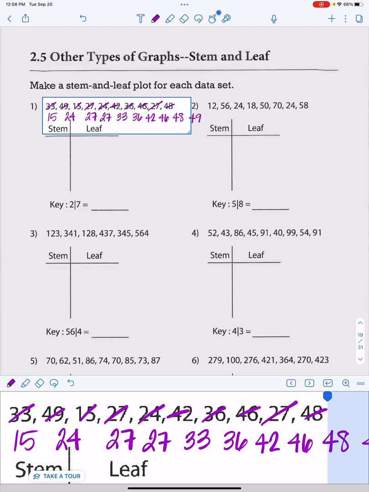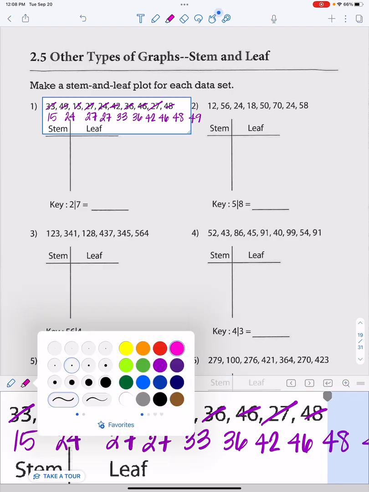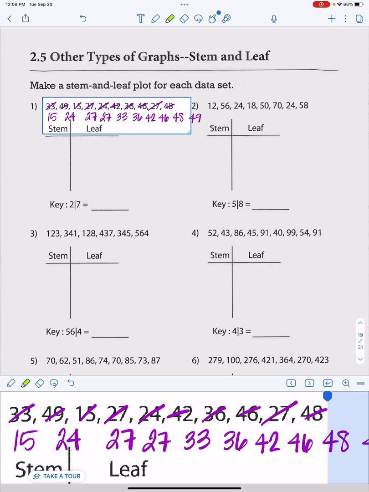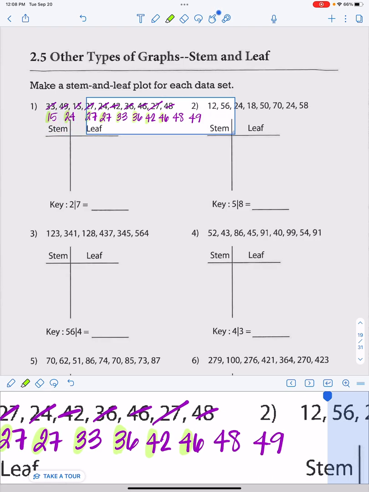So to create the stem, we are going to go to each one of these, and because these are all 2-digit numbers, we're going to take that first digit that's in the tens place and create our stem.